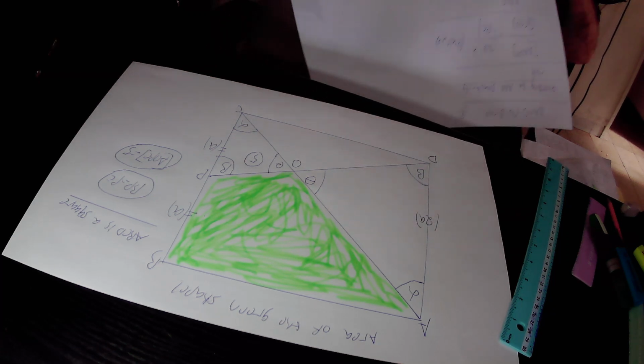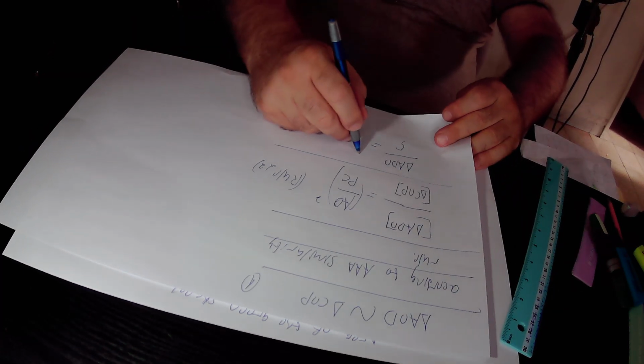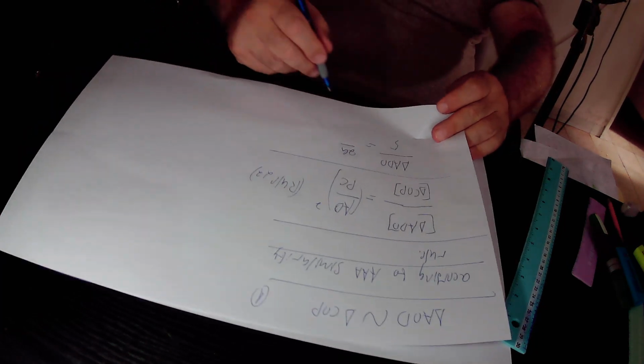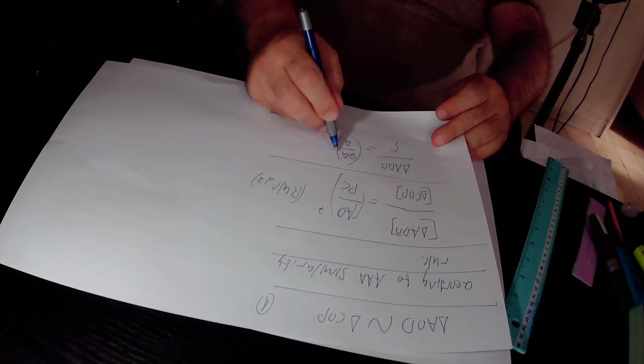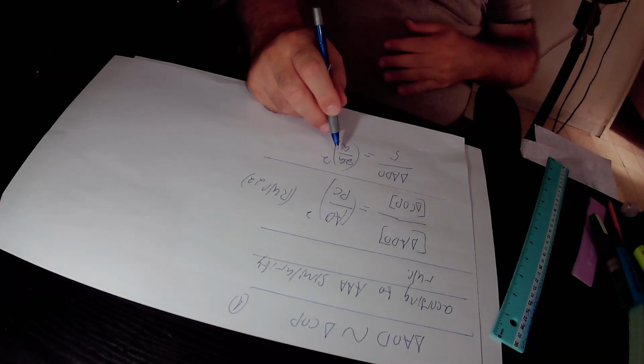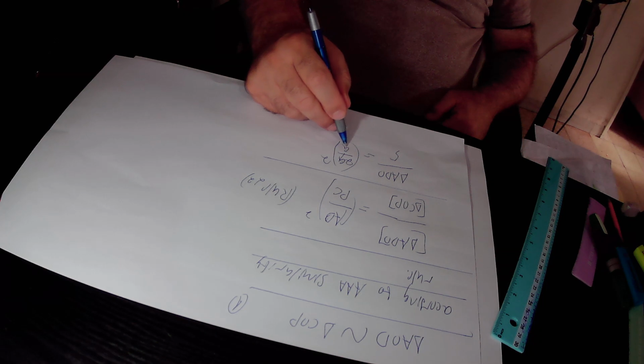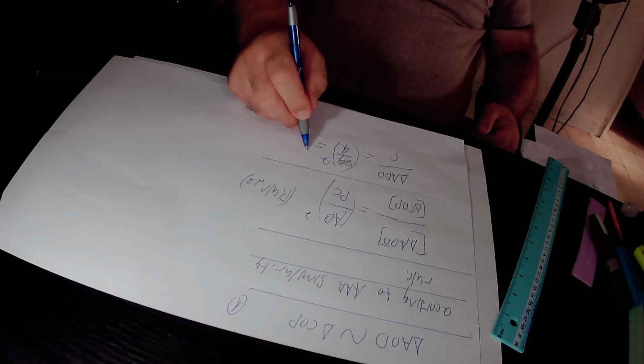AD is 2A over PC. PC is A, squared. We have A in the numerator and A in the denominator, so A will get cancelled and we are left only with 2 squared, which is of course 4.